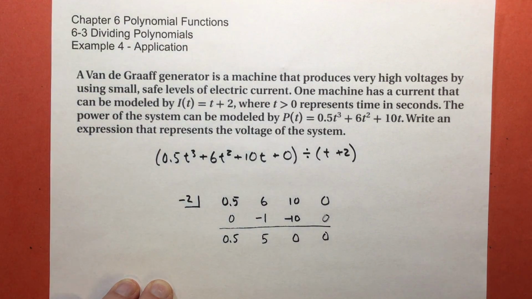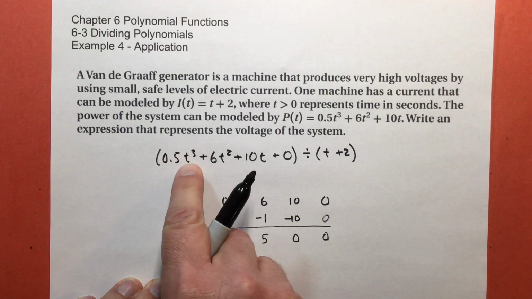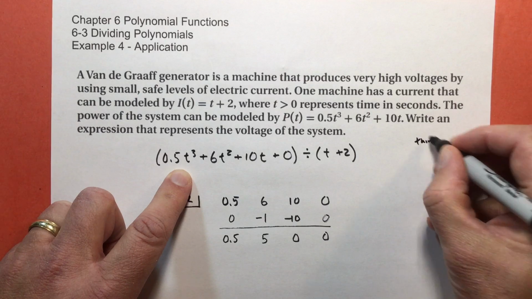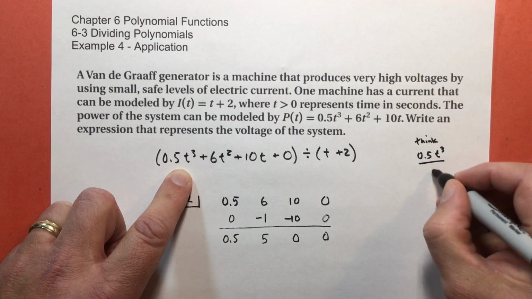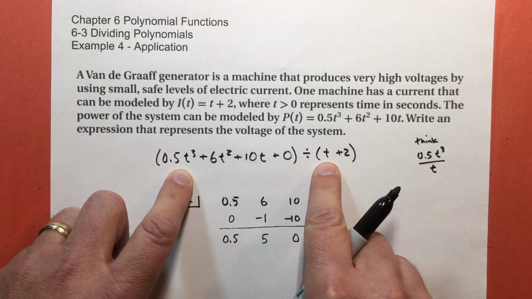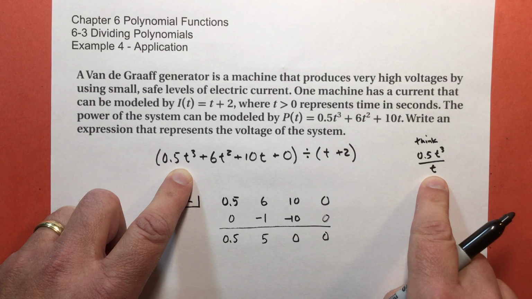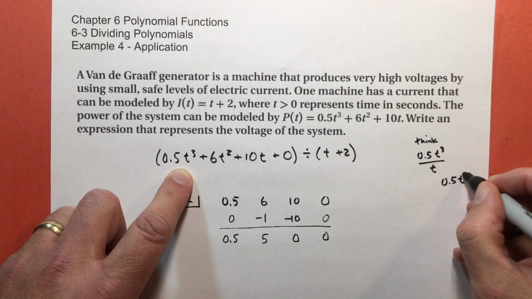What? Because t to the third power, and even though I've got the 0.5, I'm just looking at the variables. This is what I'm thinking, okay? 0.5t to the third power divided by t, just that part. I know there's all the other part to it, but I'm just looking at this part. That's going to give me 0.5t to the second power.